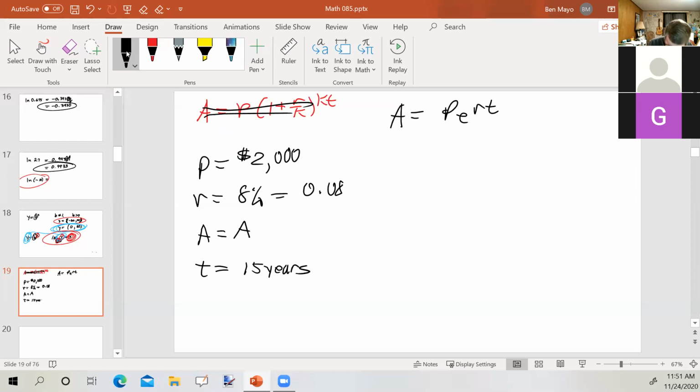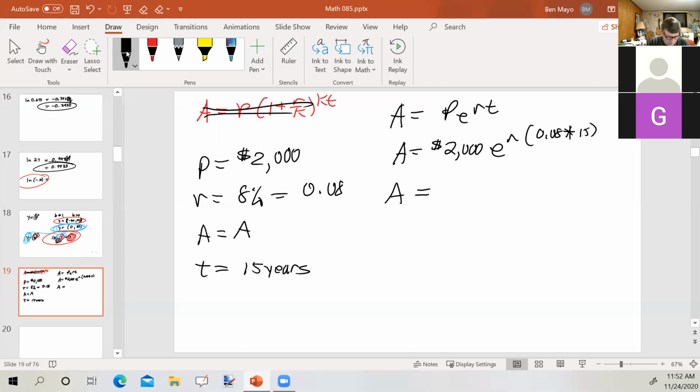So A is the unknown. We know P, we know R, we know T. And of course, e is not a variable, it's a number. So A equals $2,000 times e raised to the 0.08 times 15. And let's see here.